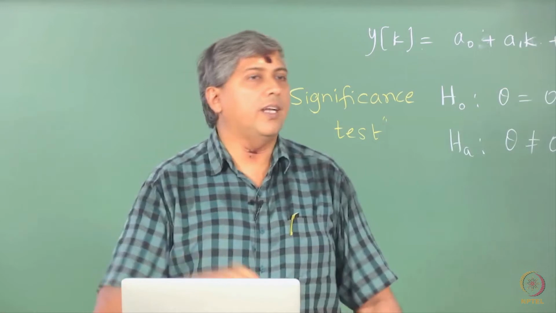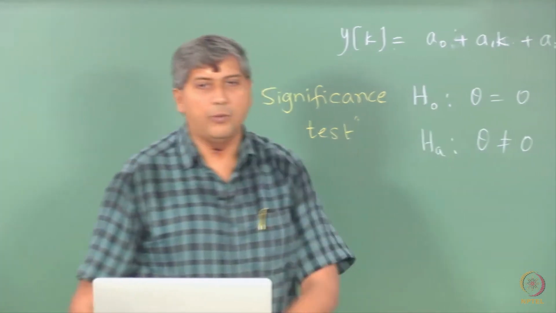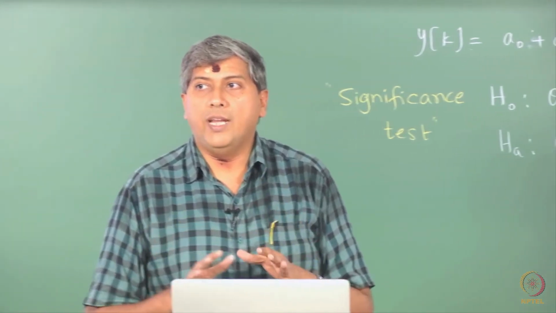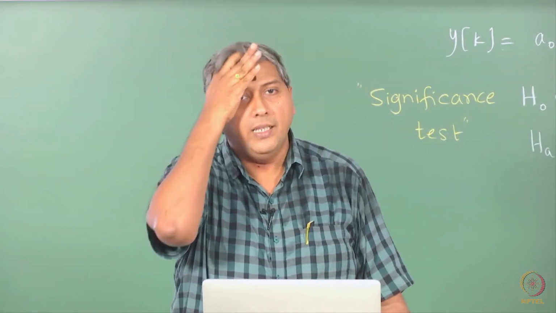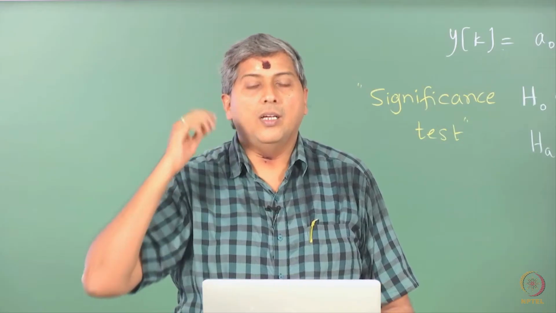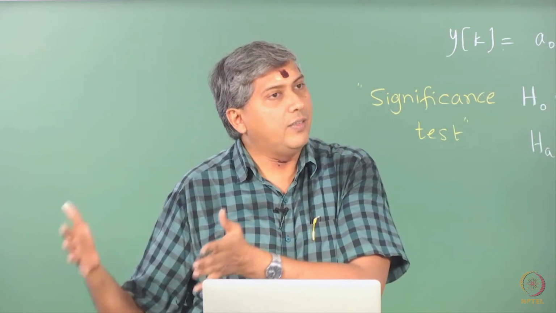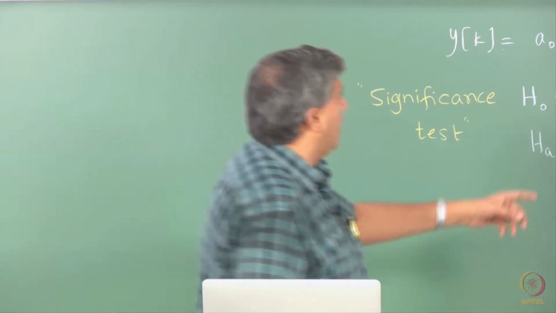We can also conduct this kind of hypothesis test by asking whether the variance explained by the regressors is more or less identical to the variance that is due to the randomness in the data.